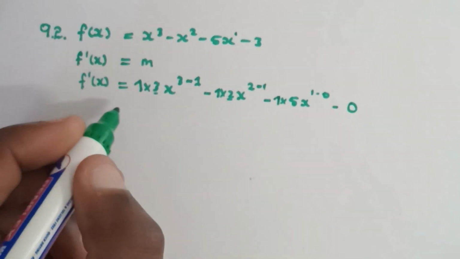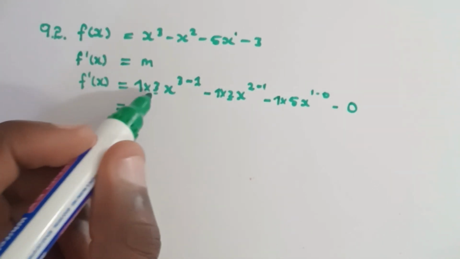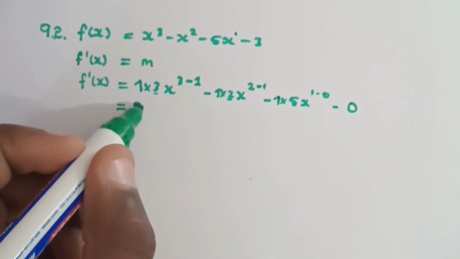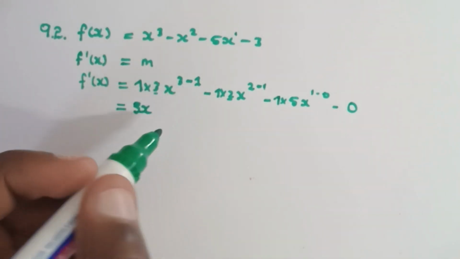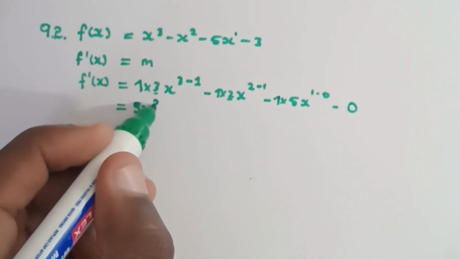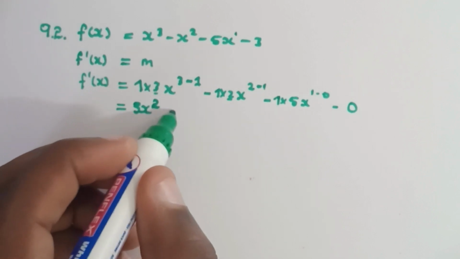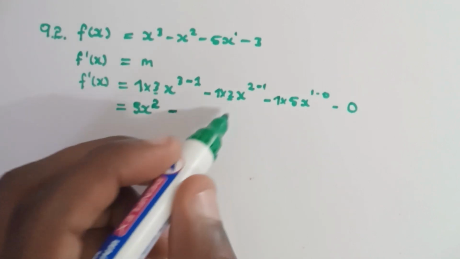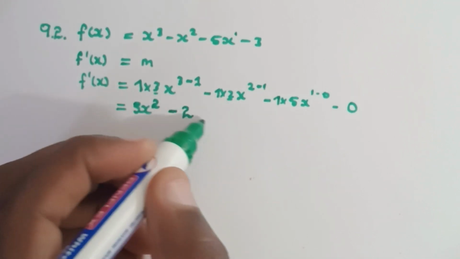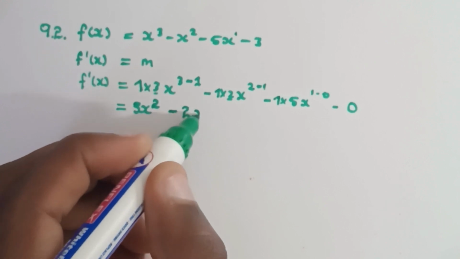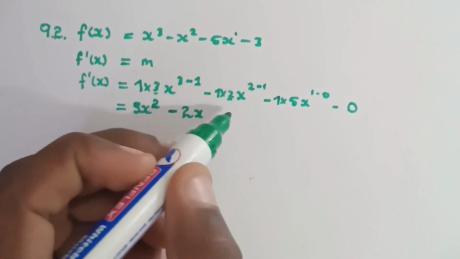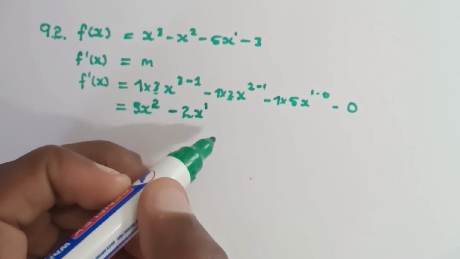Okay, then we say here 1 times 3, it is 3x, and then 3 minus 1 gives us a positive 2. So it's 3x squared, minus 1 times 2 gives us negative 2, and then x, and then 2 minus 1 gives us a 1.